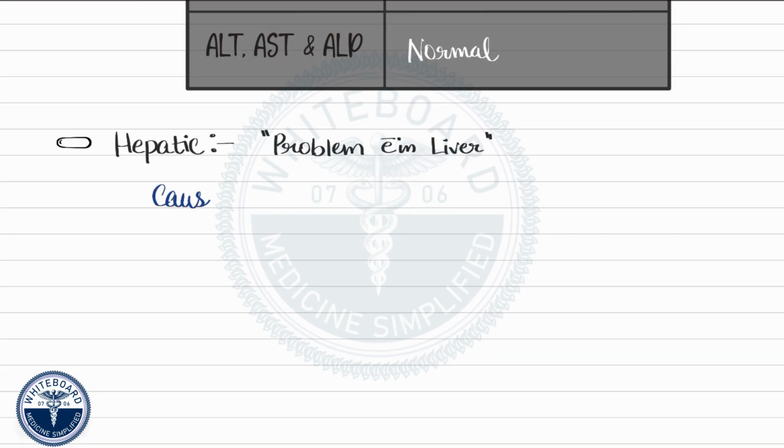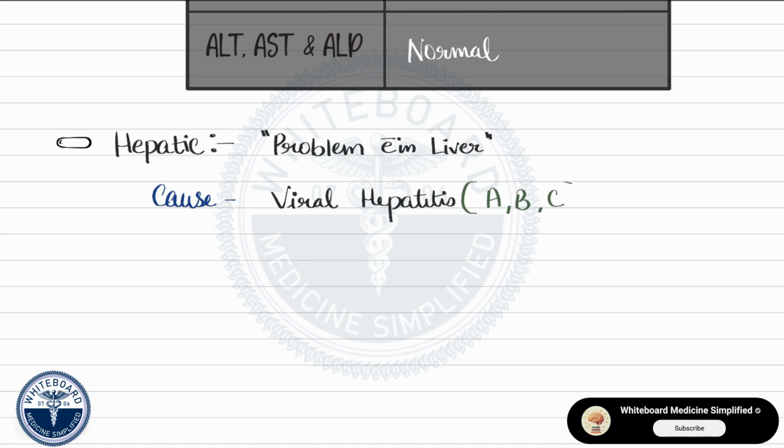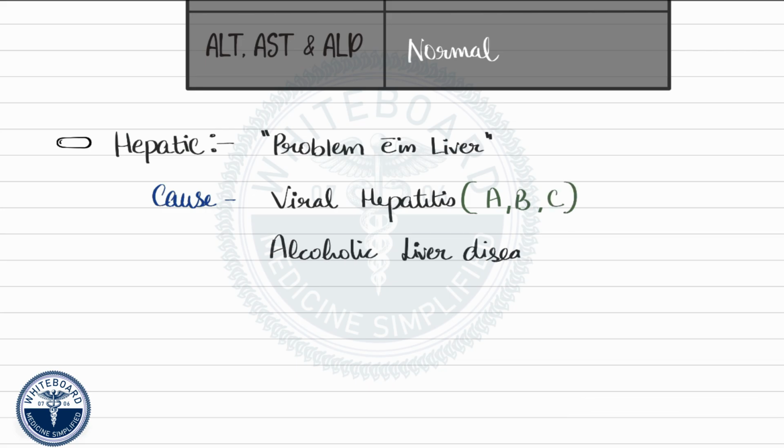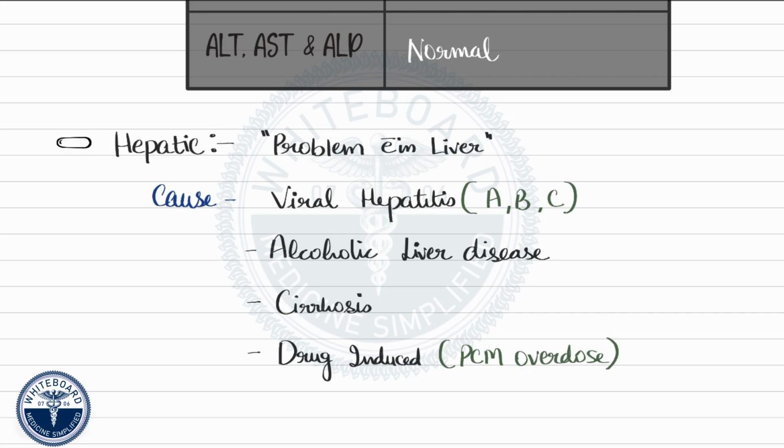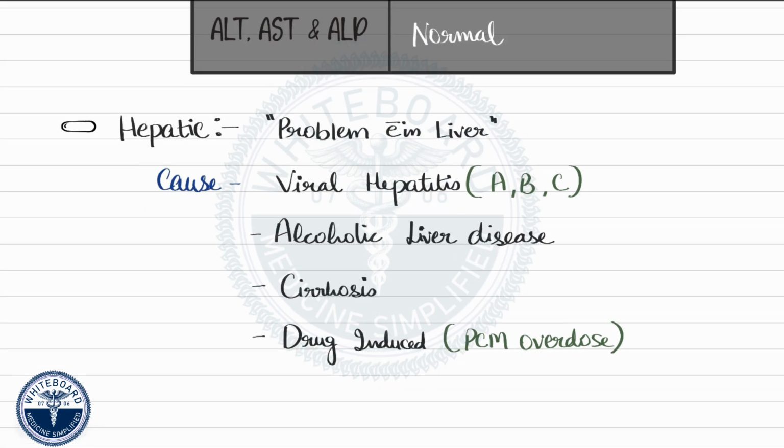The common causes include viral hepatitis like hepatitis A, B, and C, alcoholic liver disease, cirrhosis, and drug-induced liver injury like paracetamol overdose. So in hepatic jaundice, the problem is in the liver.